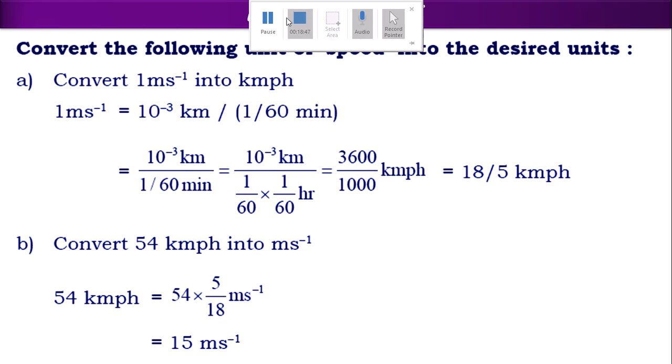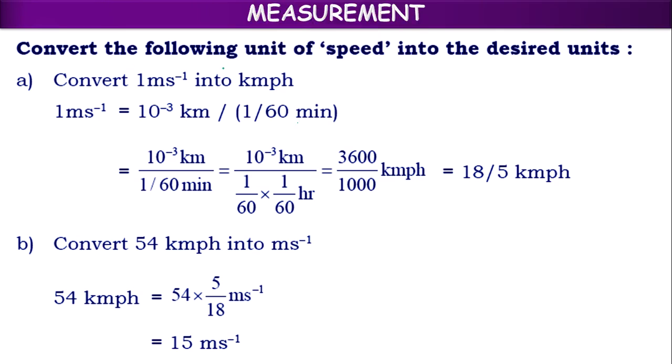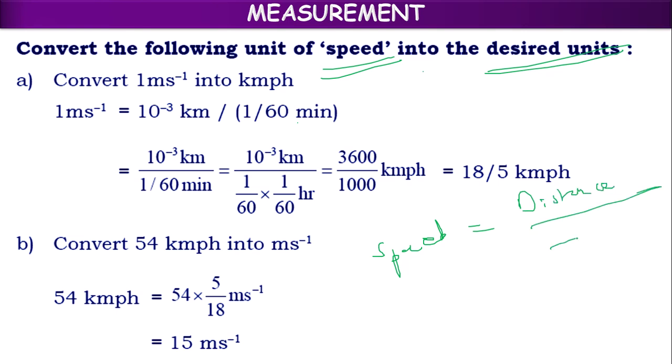Next, convert the following unit of speed into the desired units. Speed: with what speed we are going, how to calculate, children? How much distance we have traveled in how much time gives the speed of the object. So speed is distance by time.